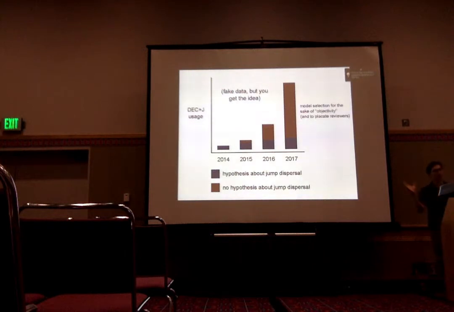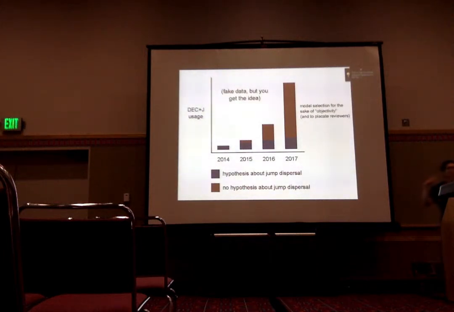So Isabel Sanmartín, my co-author in this talk, and I are editors of the journal Biogeography, so we've noticed this trend, and I think it's probably apparent to many people in other journals. There's a great increase in the use of DEC+J in the literature. But what's kind of interesting is that relatively few papers are actually interested in jump dispersal as a process.